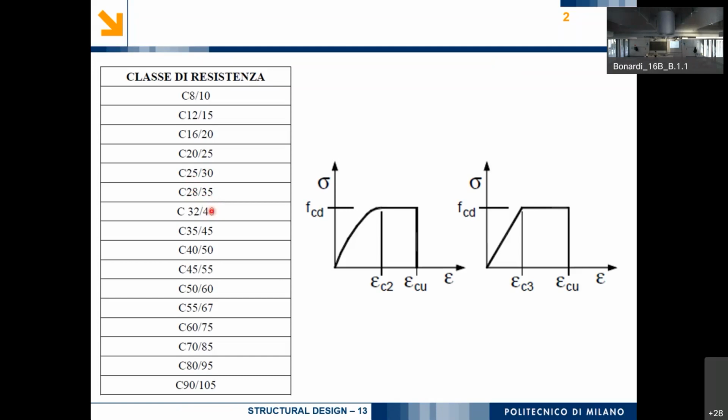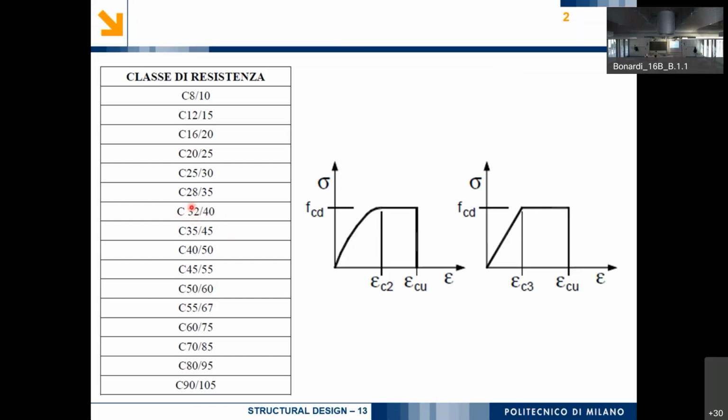But these are not mean values, they are not average values, because the material is not homogeneous. If we take 10 samples out of a piece of the material, they will not all fail at the same strength. We will see that there is a sort of distribution of this material property.